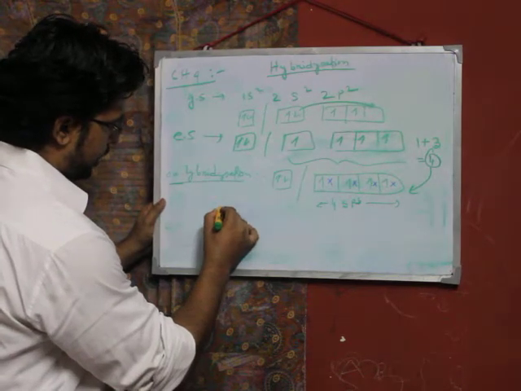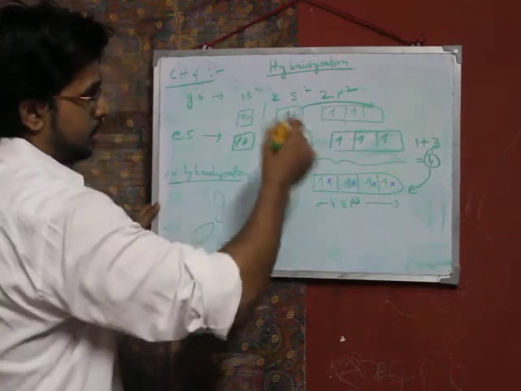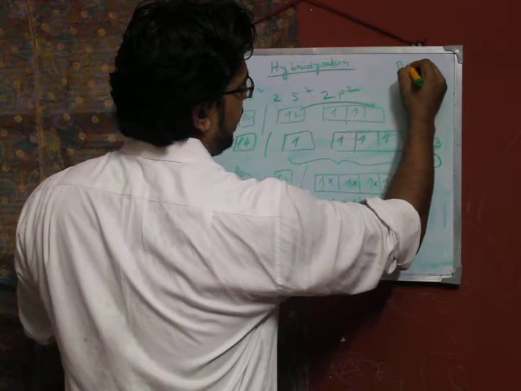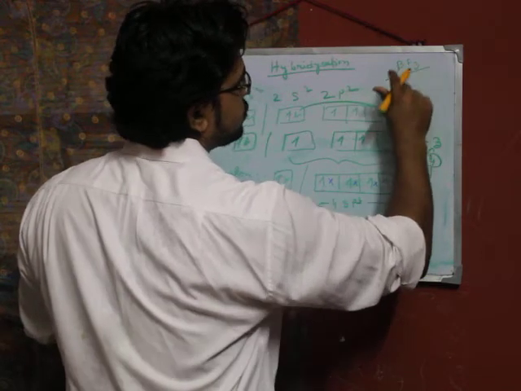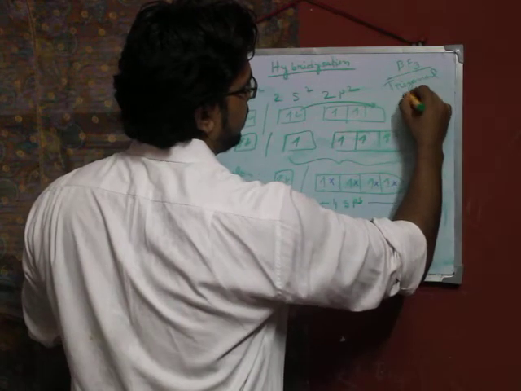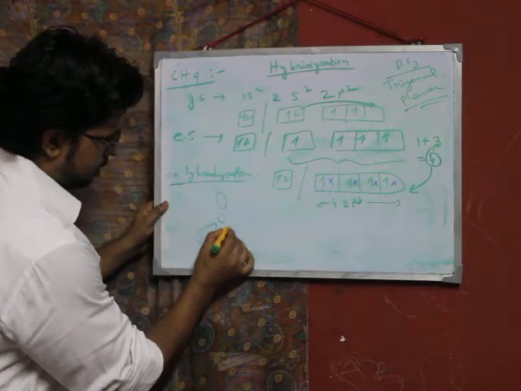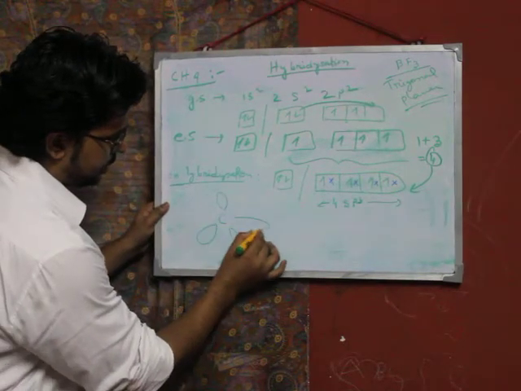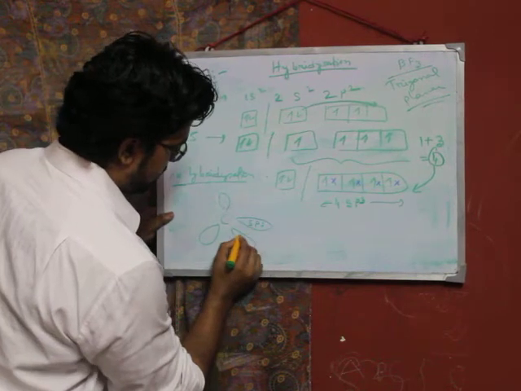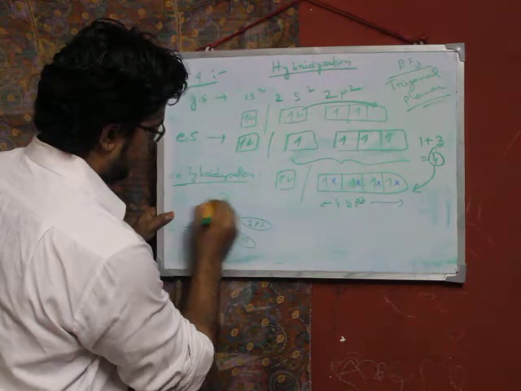And we all know that this is a 3D structure, and before, BF3 is trigonal planar. BF3 is trigonal planar, but this is not planar. This is a tetrahedral structure. These all are sp3, sp3, sp3 and sp3.